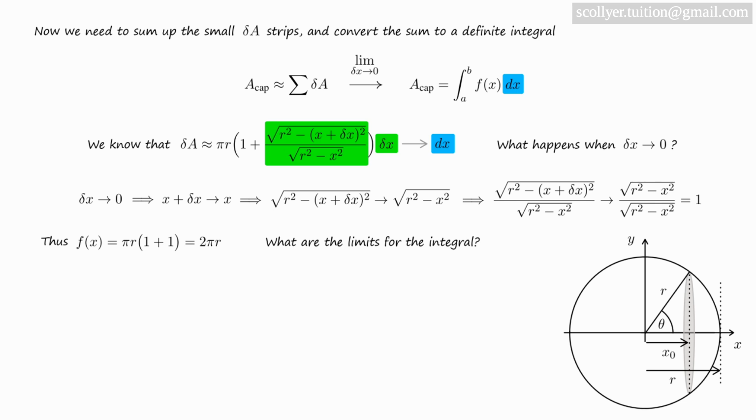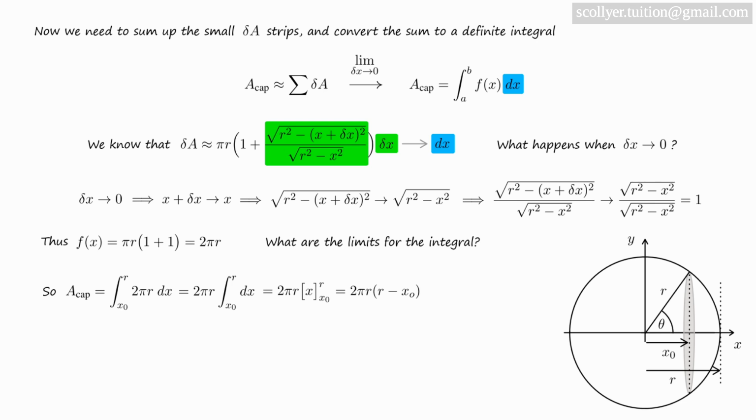And to see that, you can visualize a thin strip of width delta x sweeping along the x-axis from x0 to r. And so we have that A cap equals the integral from x0 to r of 2 pi r dx, which evaluates to be 2 pi r into (r minus x0).